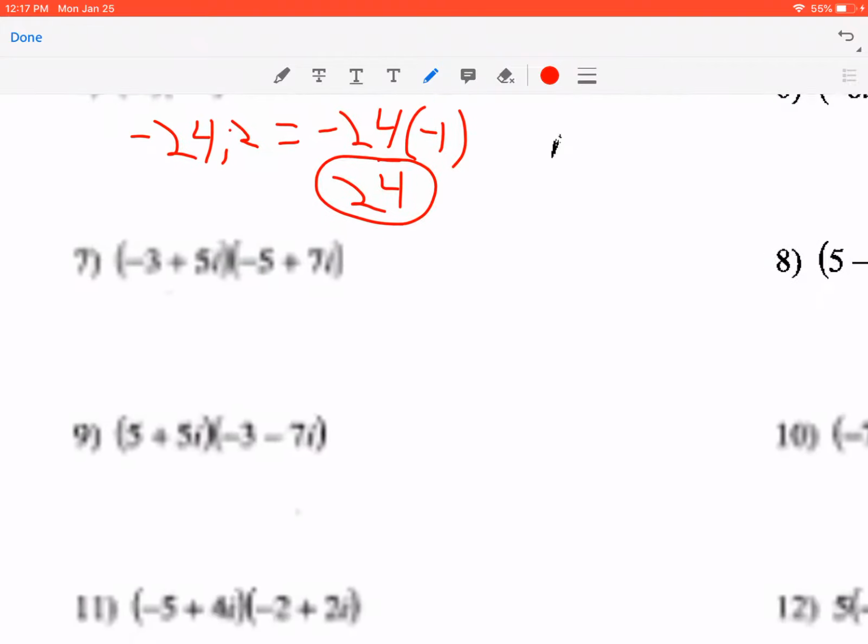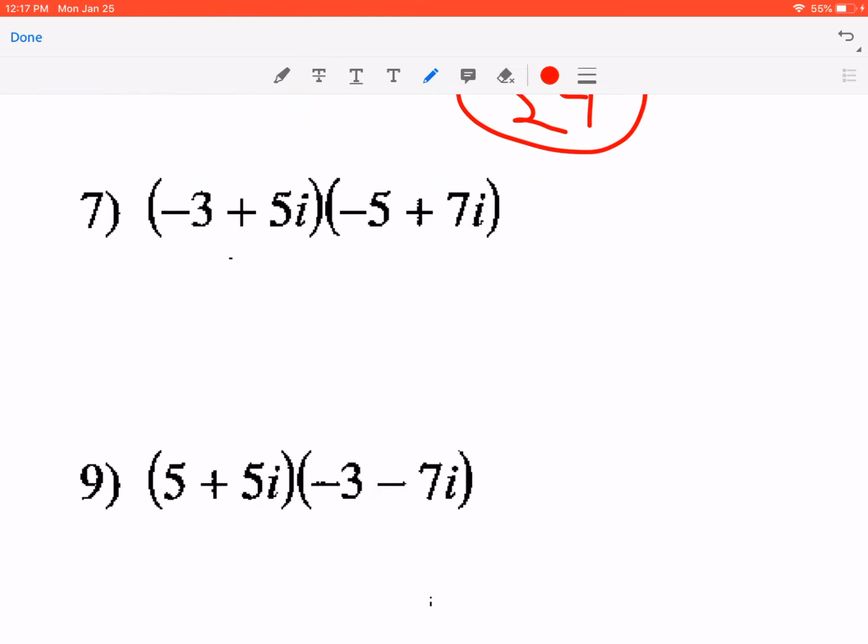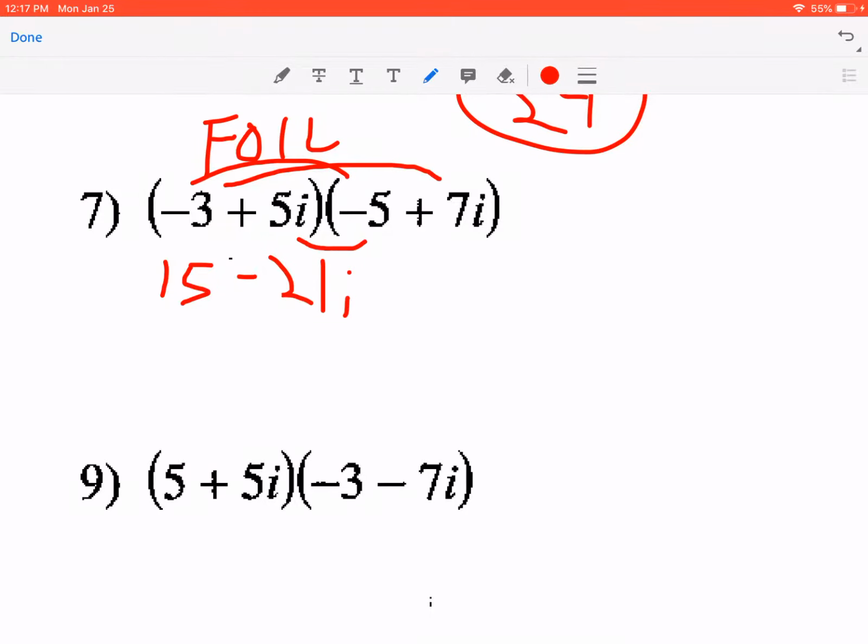All right, number 7. Remember, this is binomial times binomial, so you're going to need to use FOIL. First times first, -3 times -5, that's positive 15. Outside, negative 3 times 7i is minus 21i. Inside, 5i times a negative 5 is minus 25i.